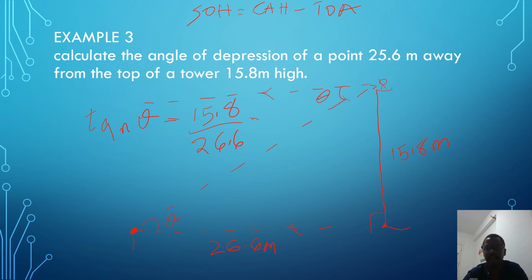Yeah, so this angle is 30.7. So 30.7, which means that one also is 30.7. Therefore, your angle of depression in this case will be equal to 30.7 degrees.